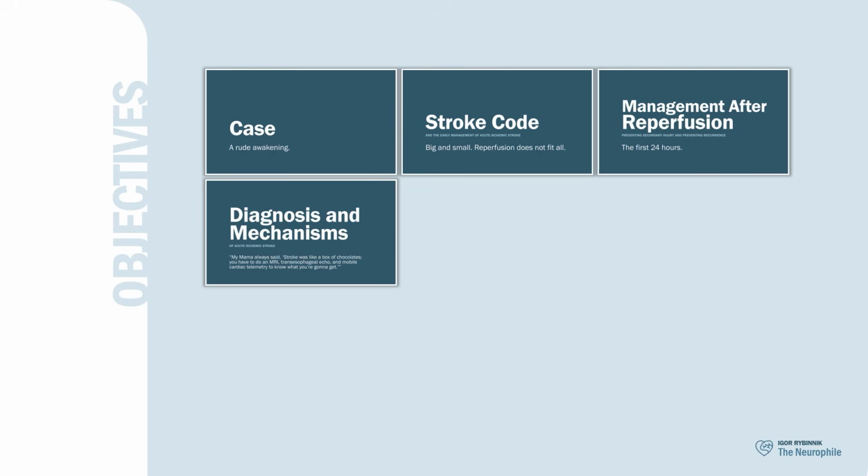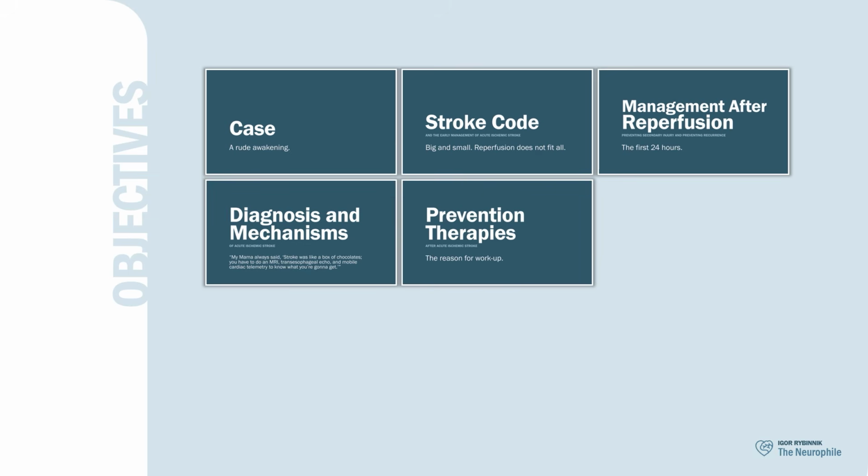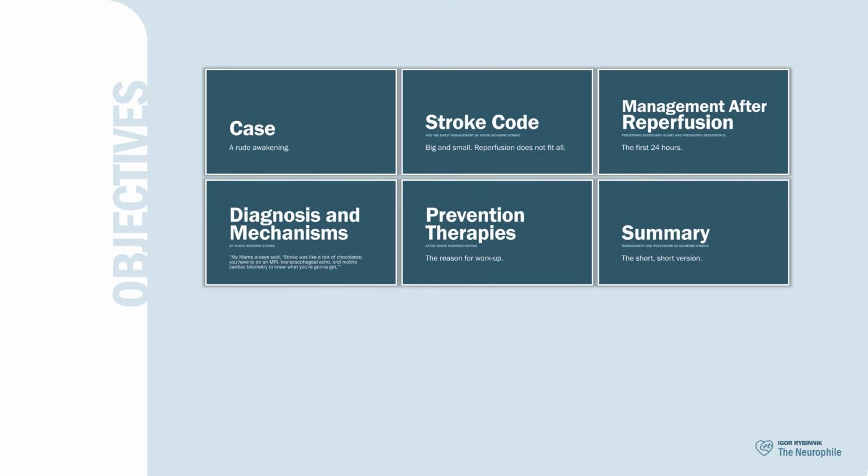At this point, we will talk about confirming the diagnosis of acute ischemic stroke with MRI and determining the stroke mechanism. Once we understand stroke mechanisms, we will review common stroke prevention therapies. And the ischemic stroke section will conclude with a brief summary.